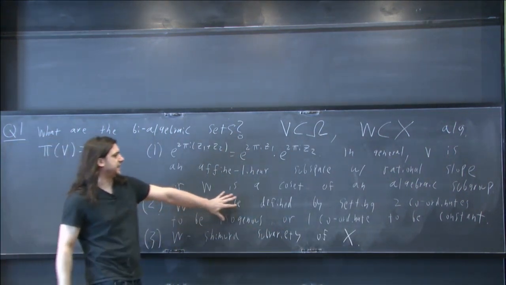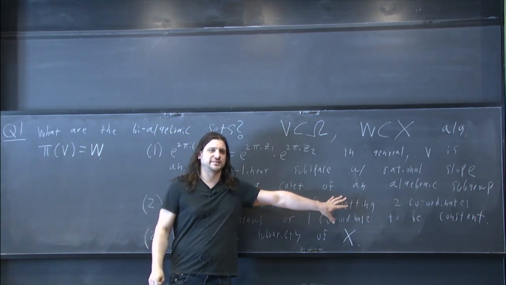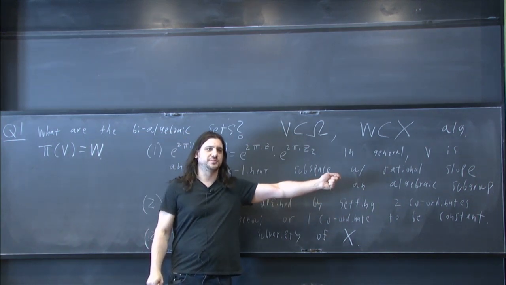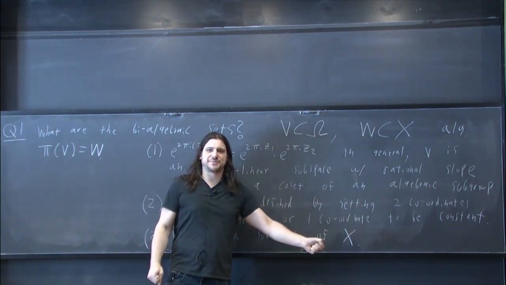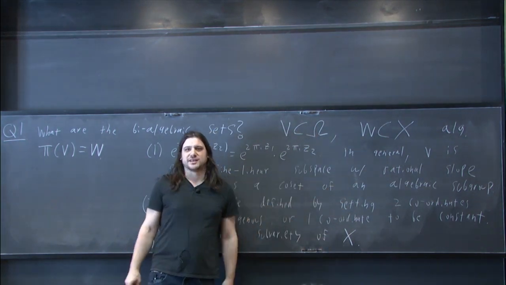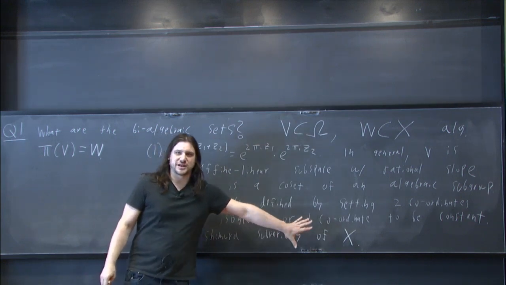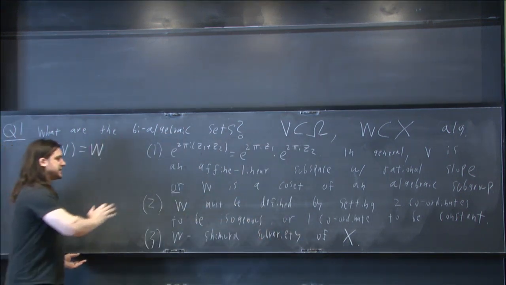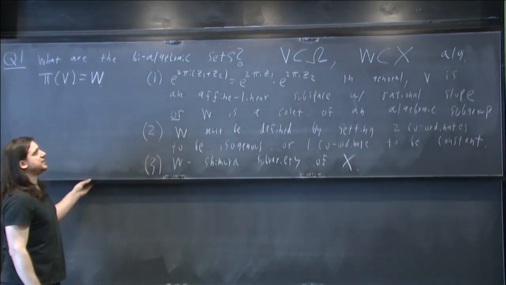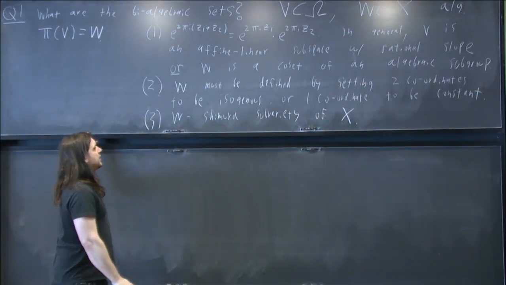For example, if we have x1 squared and we take the first coordinate to be a non-CM elliptic curve, then that's bialgebraic, but it's not really a Shimura variety. And so there's a notion of a translate of a Shimura variety, which makes this work, which I don't want to define precisely, but it's a very clean description of these things.